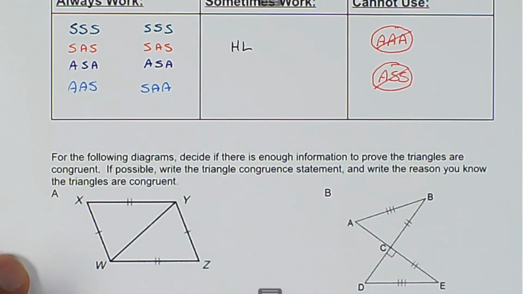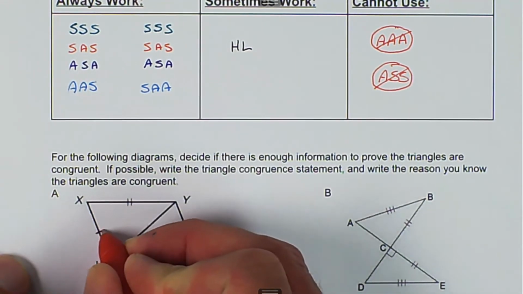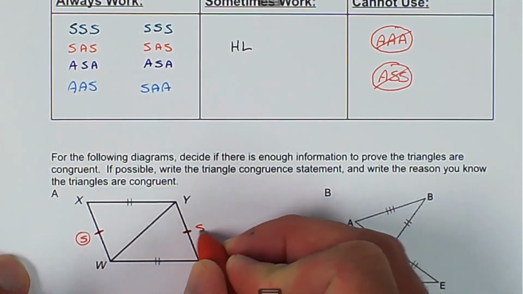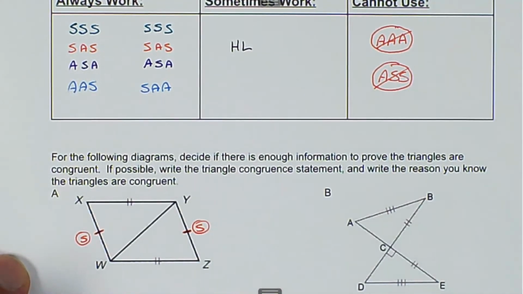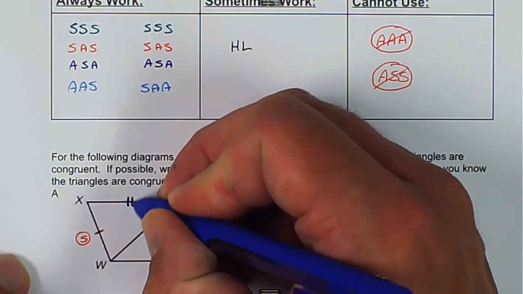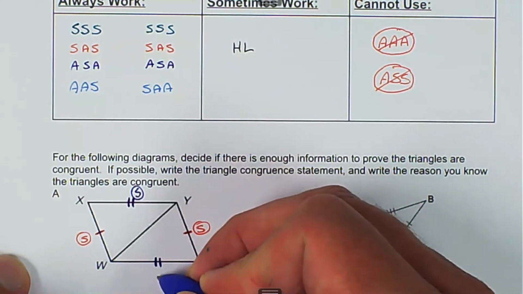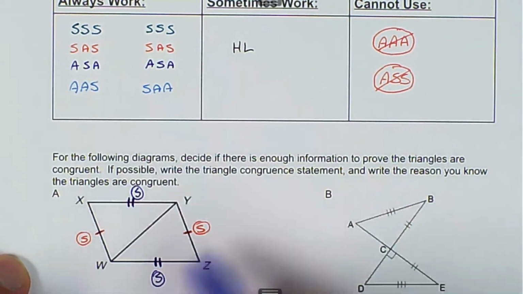To start with, we have one mark here, that would be a mark for side. We have one mark here, that would be a mark for side. We have two marks here, and we have another mark here. So we have two sides that are given.